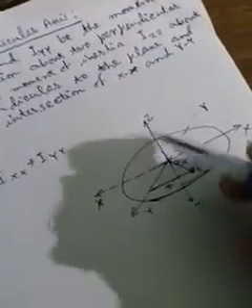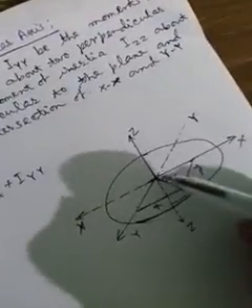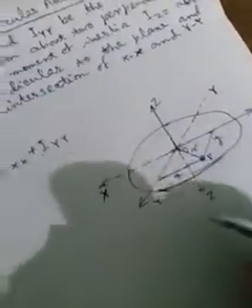Now consider a plane OZ. Z is perpendicular to OX and OY, as I previously told. Now let r be the distance from the OZ axis to the lamina P. So OP equal to r.